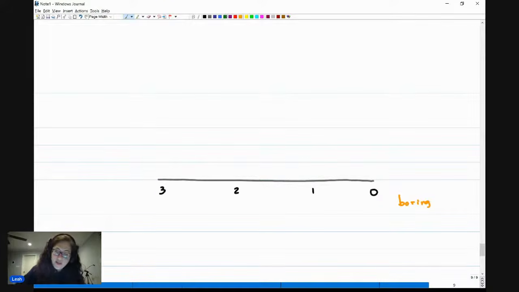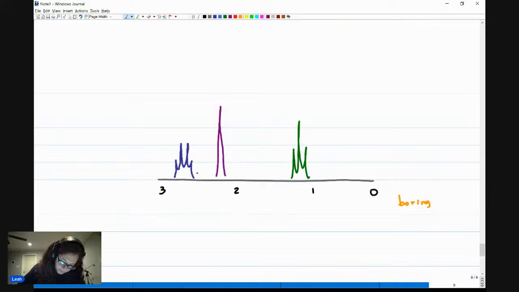The peaks on this graph include just after 1, I have a triplet. Just after 2, I have a singlet. And a little bit beyond that, I have purple and let's go with blue next. I have a quartet. Okay. So this is all we're given and a formula.